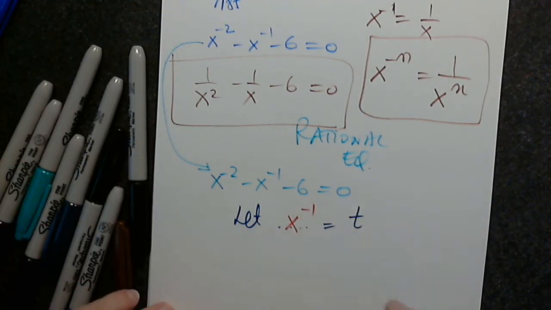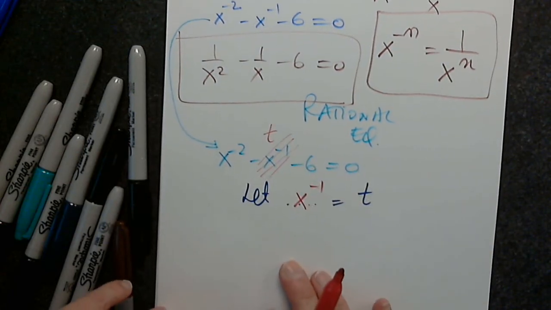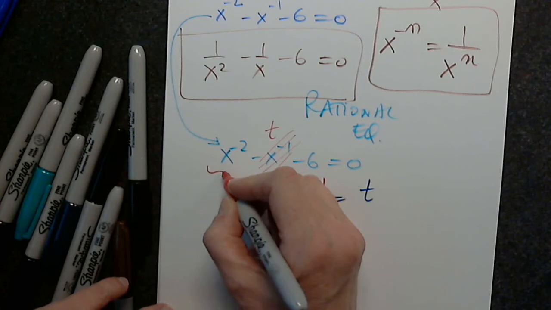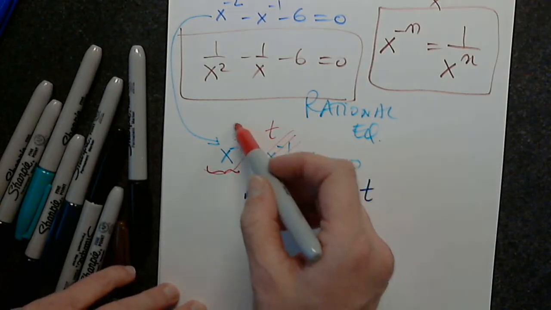Excellent. If this is t, is there any chance to replace this by something else in terms of t? I can't have x and t in the same problem, I will not be able to solve. What do you think?